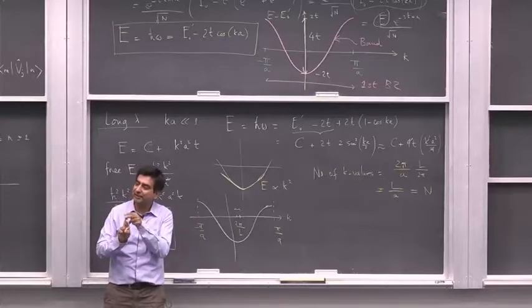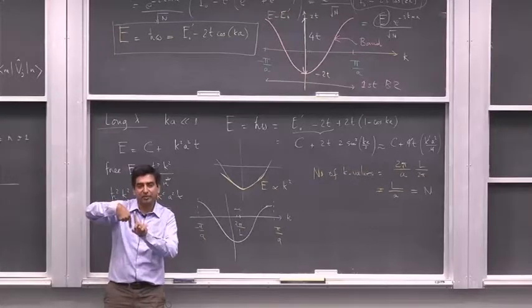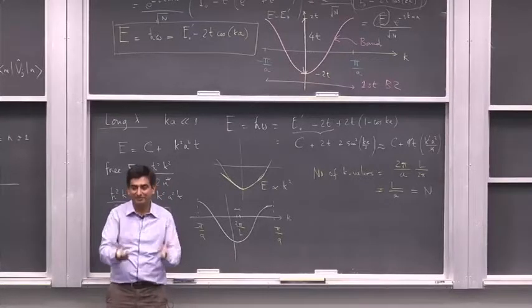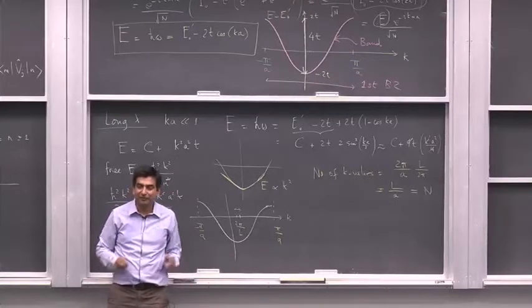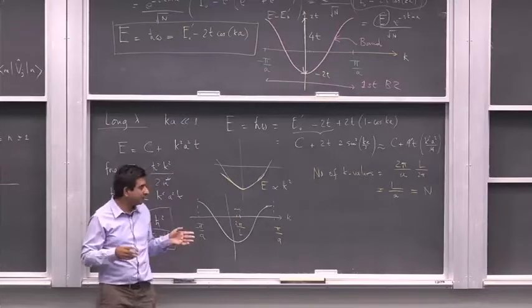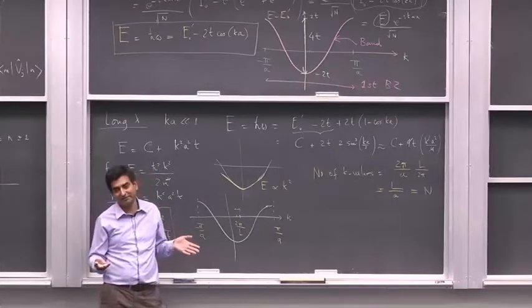Because 2 electrons cannot have the same value of k and have the same spin. So if you have a monovalent atom such as sodium, where one valence electron is available, it will only be half filled.